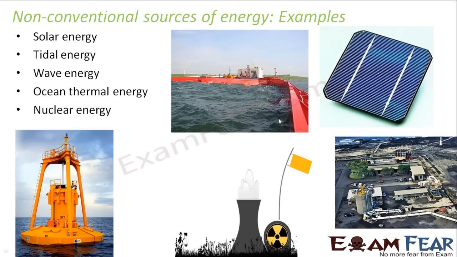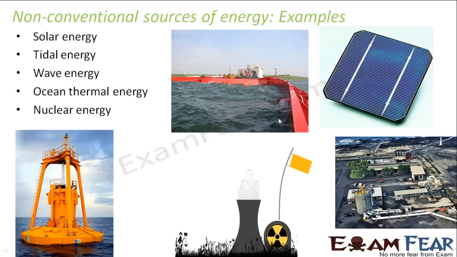They do not have side effects of pollution. At the same time, these sources also try to ensure that the amount of energy produced is considerably higher. Now it is time that we discuss each of these sources one by one, and see how we harness each of these energy sources.